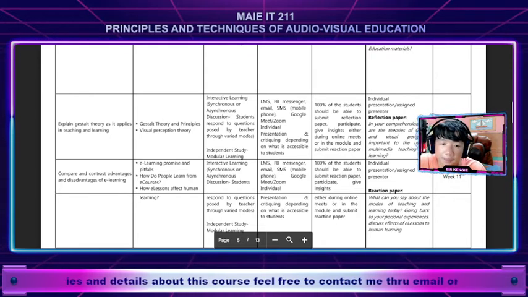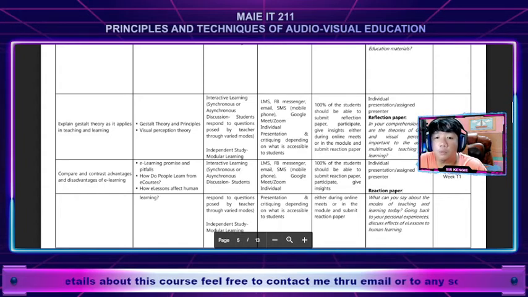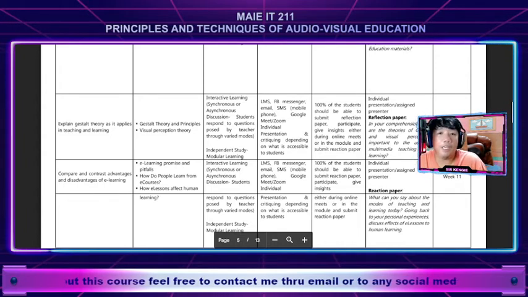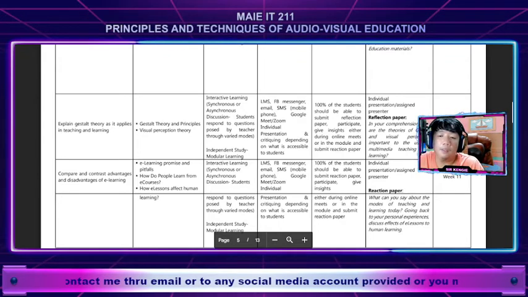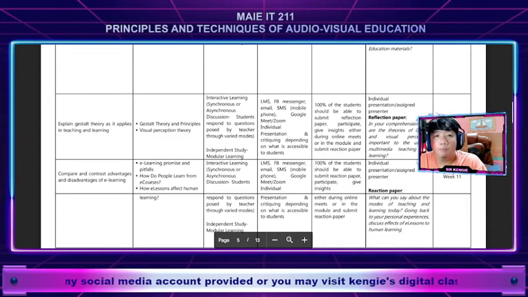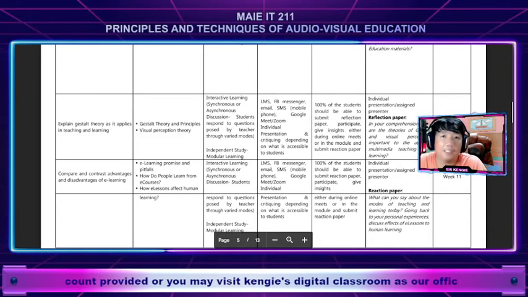Wherein it uses the mind as an information processor. Just like a computer. The computer, we have the central processing unit known as microprocessor. So therefore, cognitivism looks beyond observable behavior, viewing learning as internal, not external.